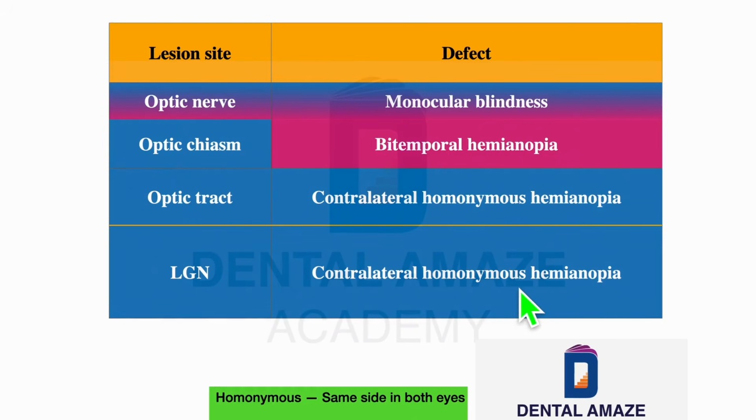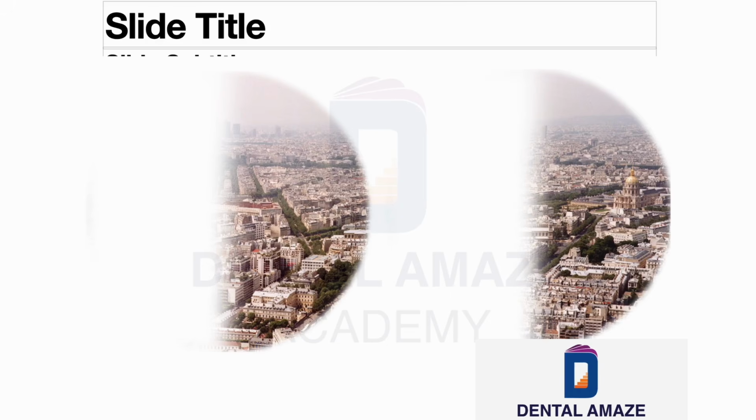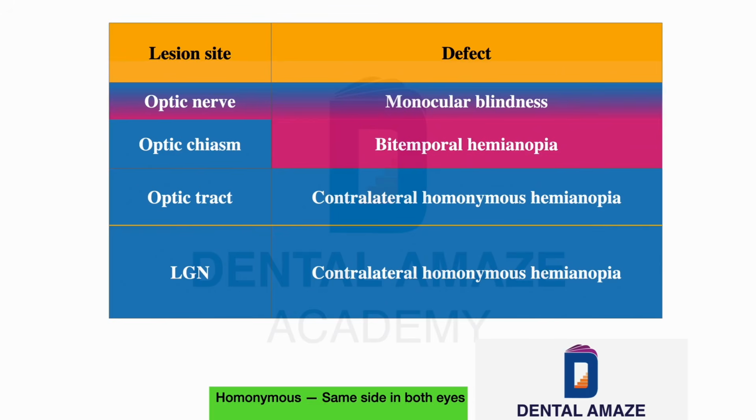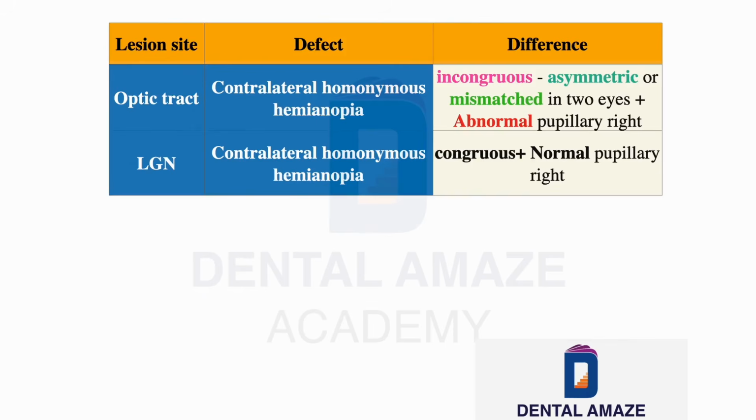Contralateral homonymous hemianopia for both optic tract and LGN. But what is the difference? This is your contralateral homonymous hemianopia. I hope you understood that. But there is a difference between optic tract and LGN. Here you can see some kind of incongruous. That is the term they use. Incongruous means asymmetric or mismatched in both the eyes.